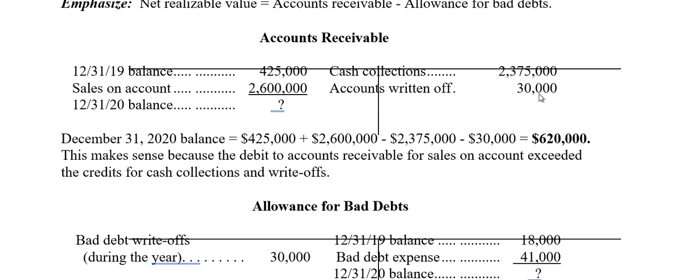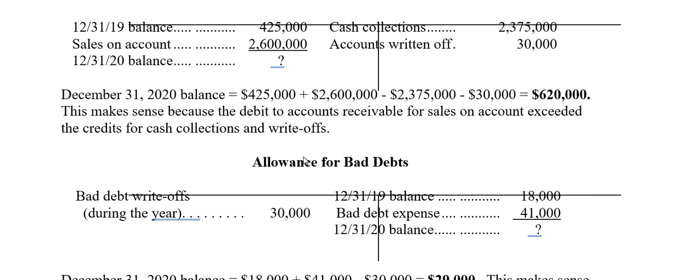And then any accounts that you wrote off will be on the credit side of the T account for accounts receivable as well. So you can come up with a December 31, 2020 balance here by just adding the two debits and subtracting the two credits, and you get a total of $620,000.